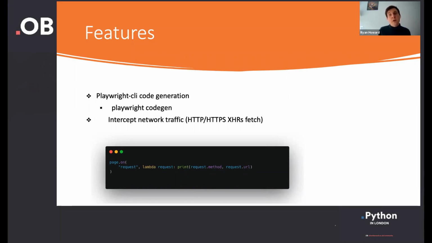So it will record our actions and generate Playwright code off the back of that, which you can then essentially paste into your IDE and run. So I will hopefully get time to show you that shortly.